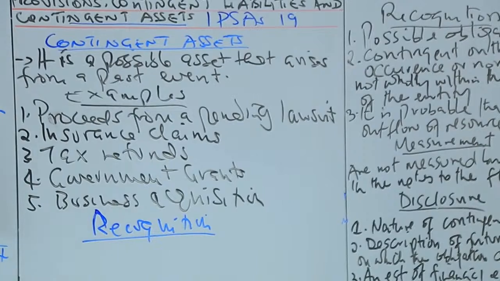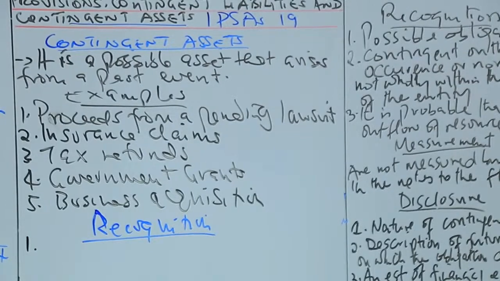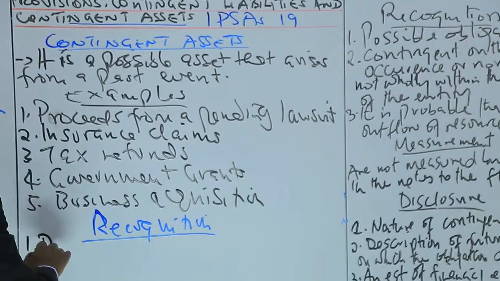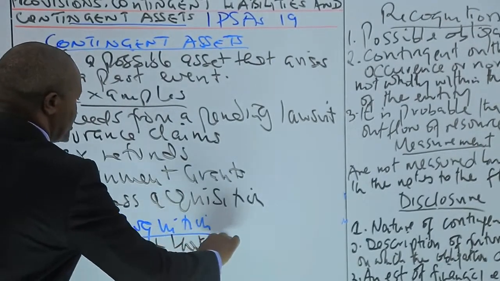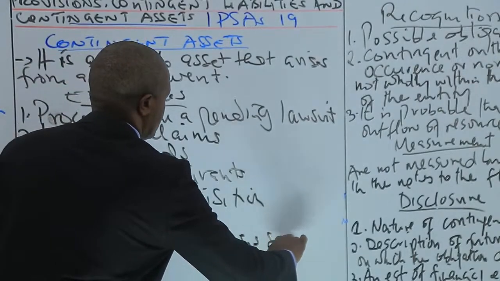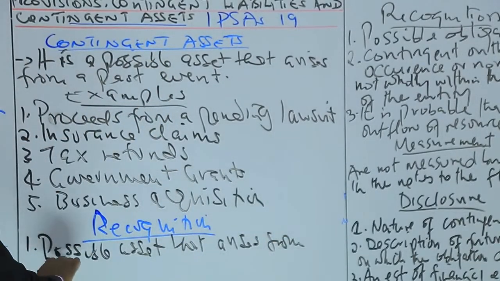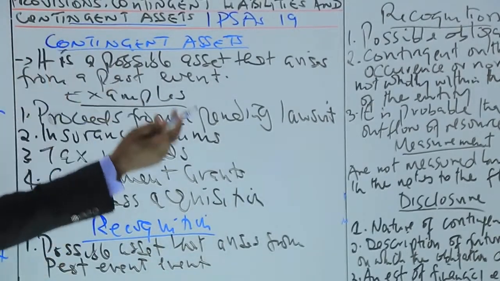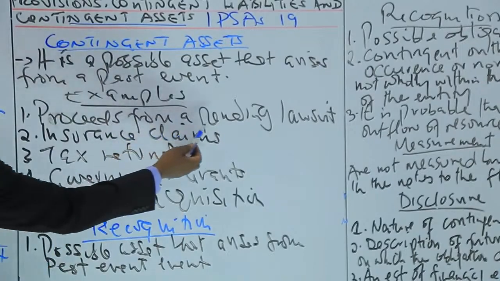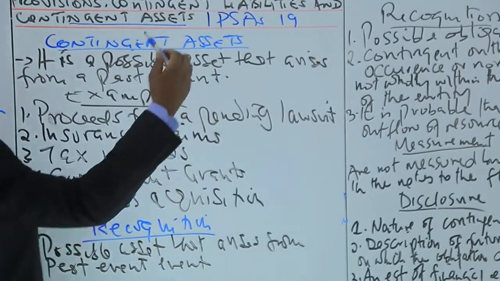And the first criteria is that the entity should have a possible asset that arises from a past event. Proceeds from a pending lawsuit is a possible asset.